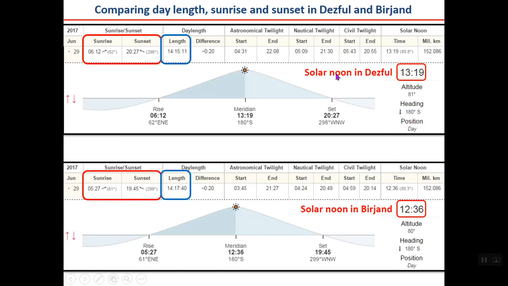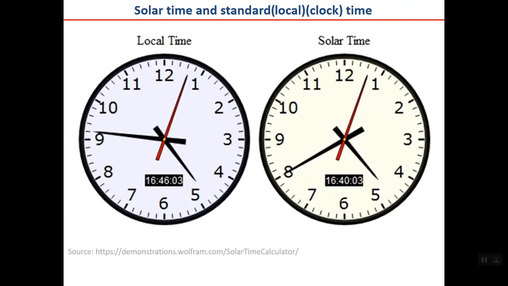But the sun apparent position in the sky is completely different. You can see that solar noon in Ful is at this time, but solar noon in Birjand is somewhat before. So this guides us to defining a different time base for solar calculation, and that is solar time in comparison to local time.